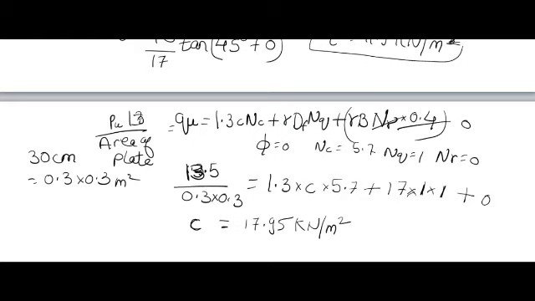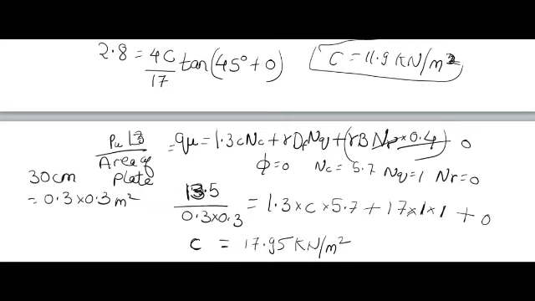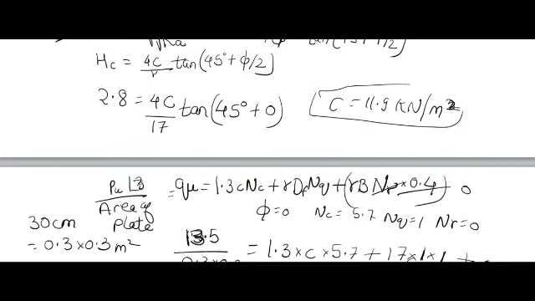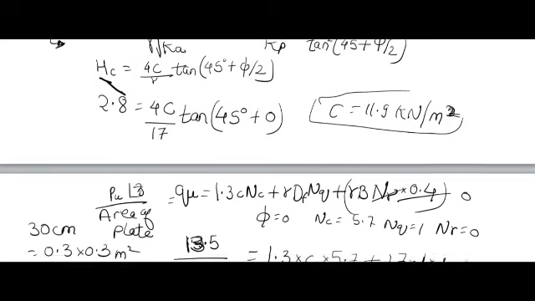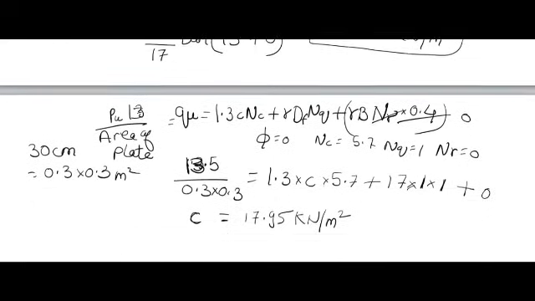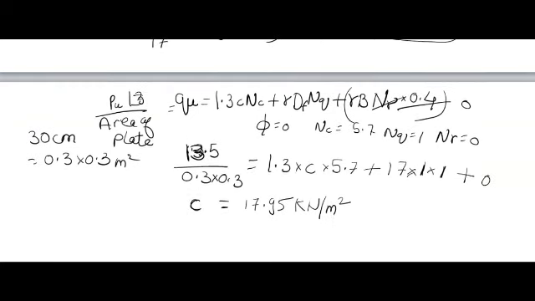So earlier, from the critical height HC, we got 11.9, and now we got 17.95.